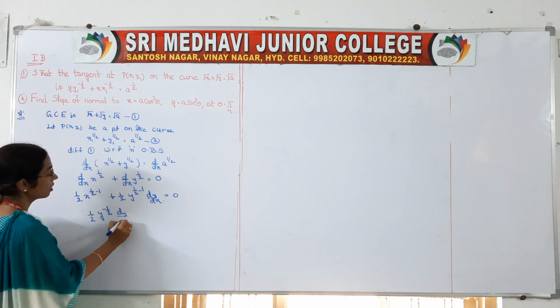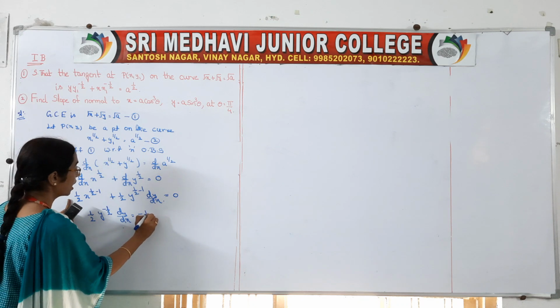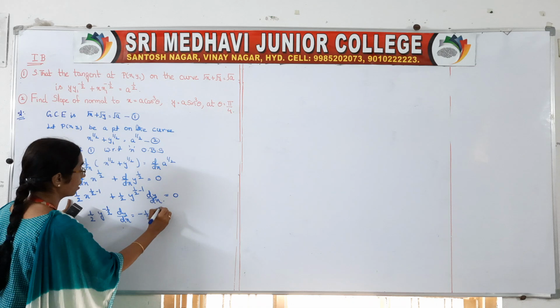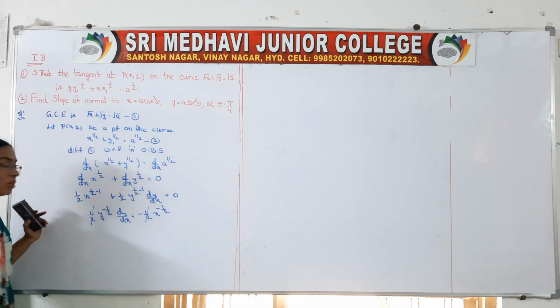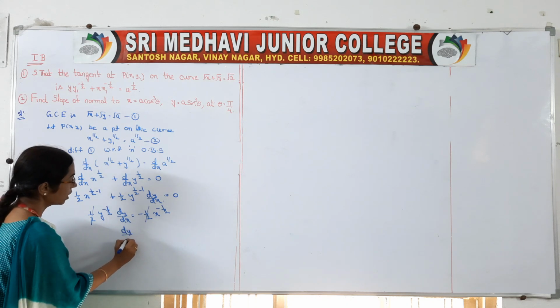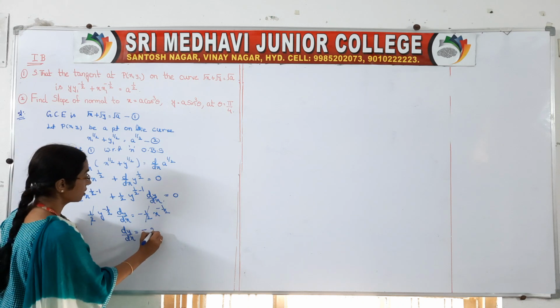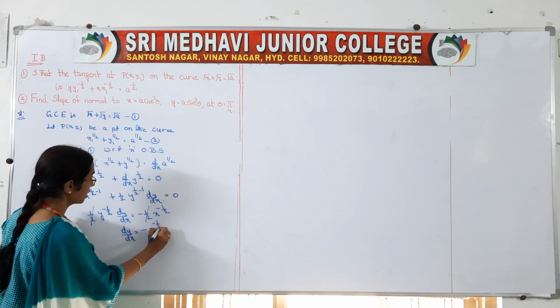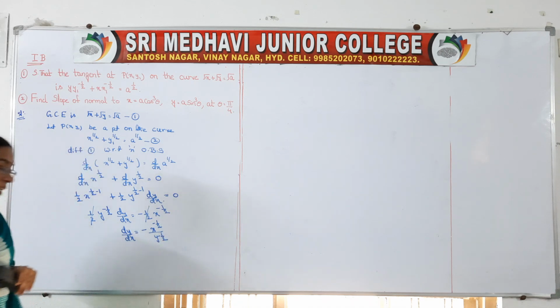So dy by dx is equal to minus of x to the power of minus 1 by 2, the 1 by 2 and 1 by 2 cancel. We only want dy by dx, so it is equal to minus of x to the power of minus 1 by 2 over y to the power of minus 1 by 2.